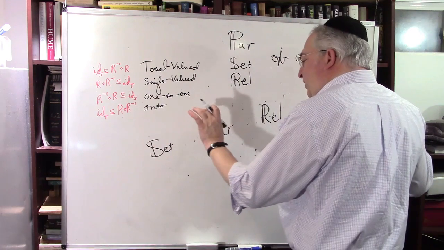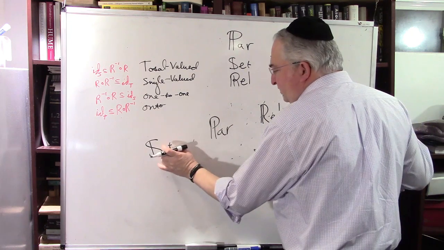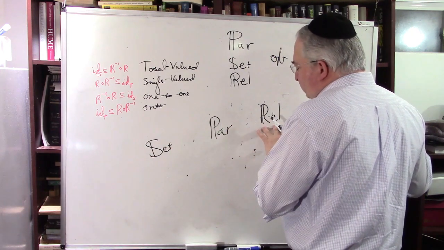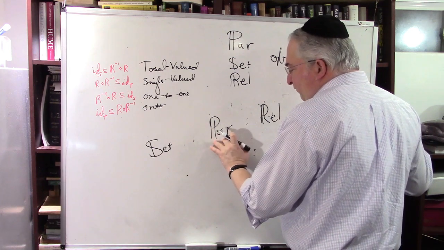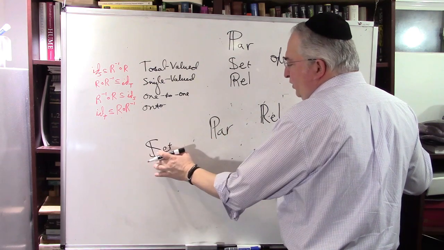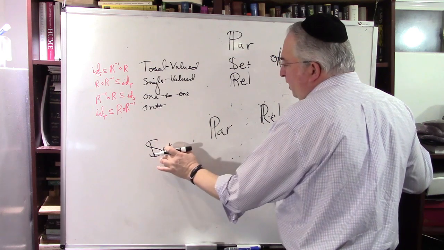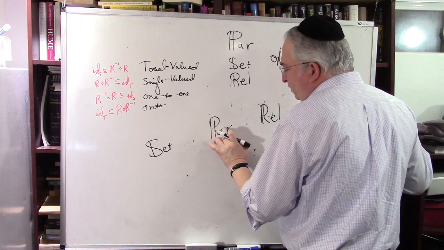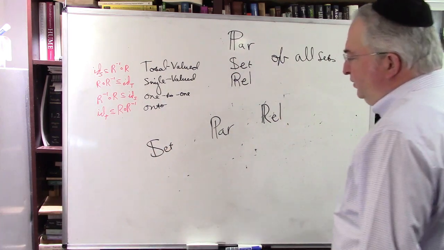These have the most morphisms, these have the least morphisms, and these have the intermediate. The most morphisms is all relations. A little restriction of that is a special type of relation called Par, and a little restriction of that is a special type of partial function, namely total functions, just functions.